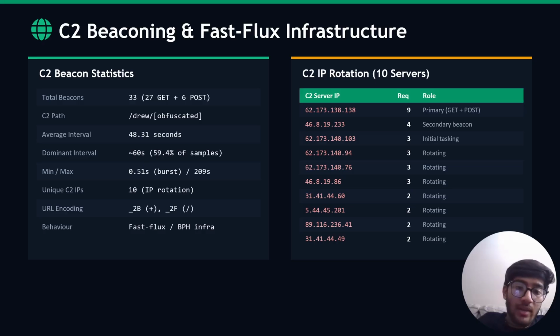On the right, the IP rotation table shows the 10 C2 servers, with the primary server receiving 9 requests, including 6 POST exfiltration, and the remaining 9 IPs each receiving 2 to 4 beacon requests in a rotating pattern. This rotation across multiple servers is the hallmark of fast flux infrastructure, also known as bulletproof hosting, which makes takedowns extremely difficult because if one server is blocked, the others continue operating.